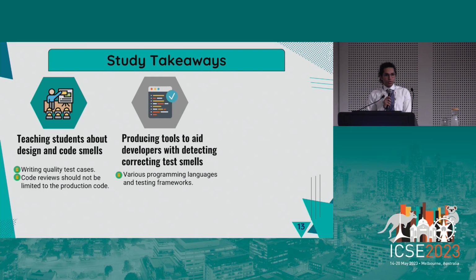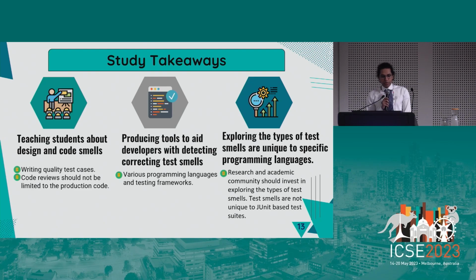There is also a limitation in the tools that help practitioners, researchers and students detect test smells, which are mostly limited to Java, and other programming languages are not developed yet. Exploring the types of test smell that are unique to specific programming languages. As I mentioned, certain tools are limited to Java and not other programming languages, and test smells are not unique to JUnit-based test suites.